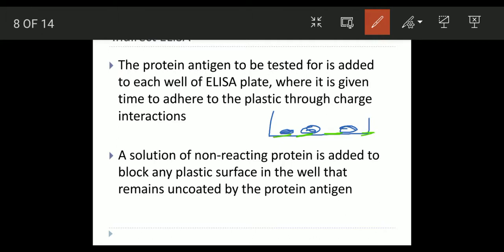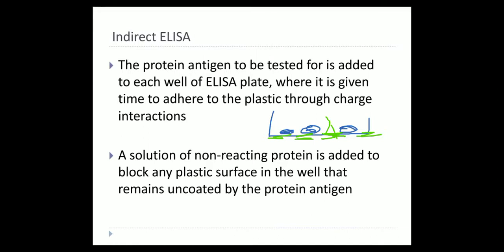So it needs to be blocked. If it is not blocked, then whenever the antibody comes, it will bind here, and that is not a suitable or effective condition. So to avoid that, this part is blocked, so that the other antibody will not bind here. This is the idea. Okay, now let's move on.